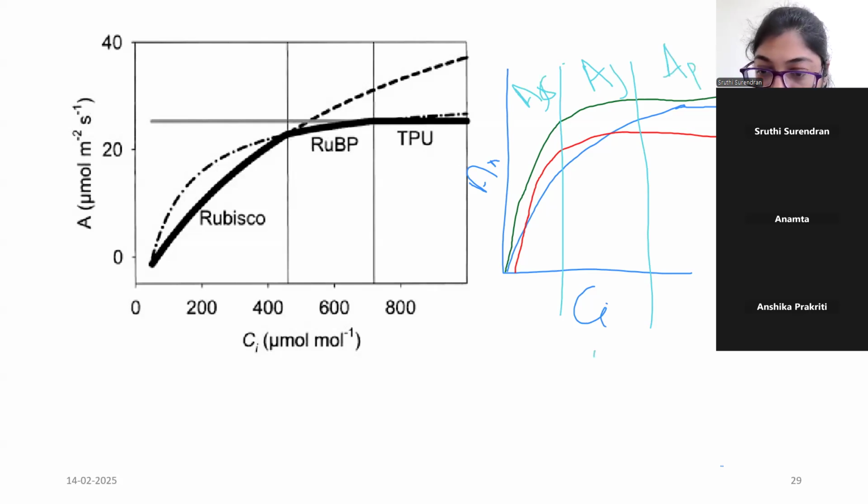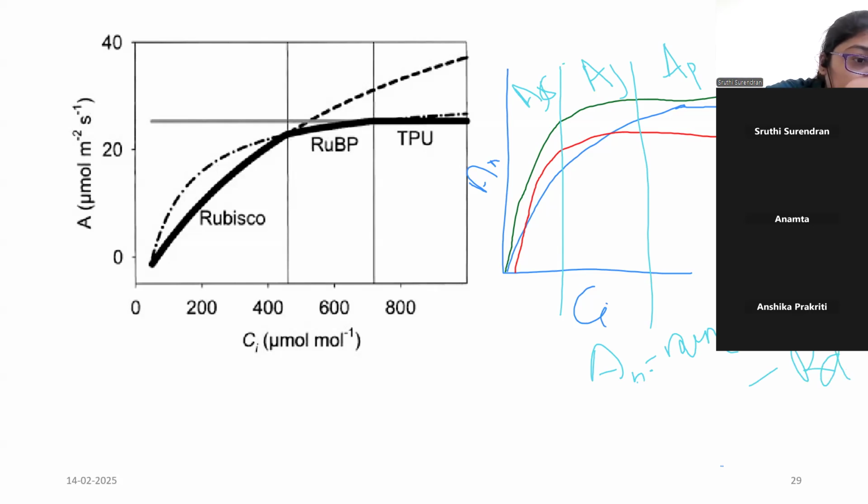Now this equation for AN is saying that we have to get the minimum of AC, AJ and AP and then subtract RD. So how do we get the minimum? In this part of the curve, which curve is giving us the most minimum value?